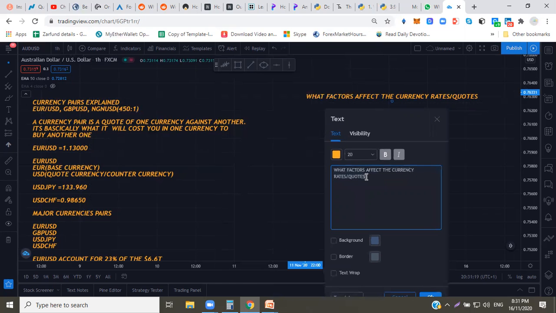First of all is interest rates. Interest rates are usually rates that are released by the central bank of a country every month. In Nigeria, there's what is called the MPC, the Monetary Policy Committee, and the MPR, the Monetary Policy Rate.